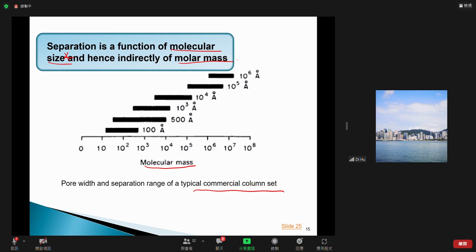Now you can see the different columns. This one deals with 10 to 1,000 molecular weight, so it must have a very small pore size. This one deals with 10 to the 6 to 10 to the 8th, so it has macropores, right? You just choose the one that can meet your requirement.